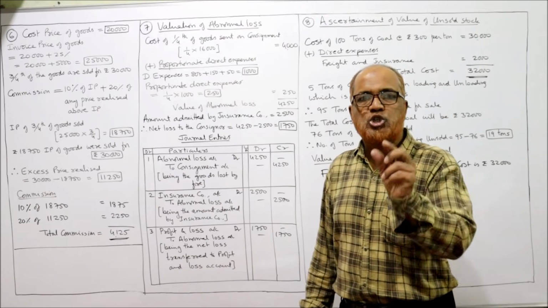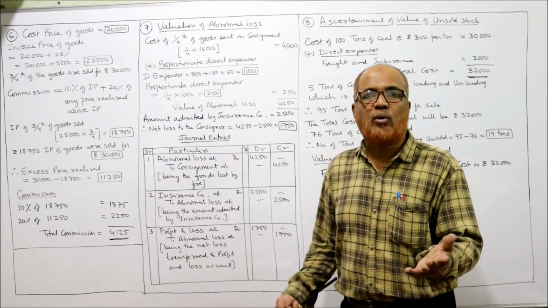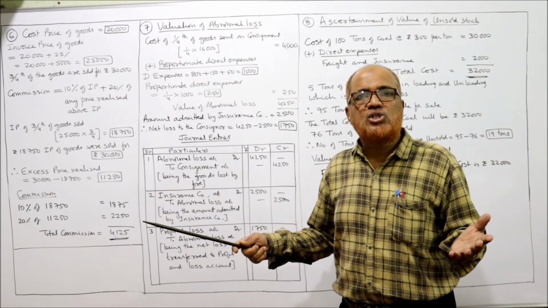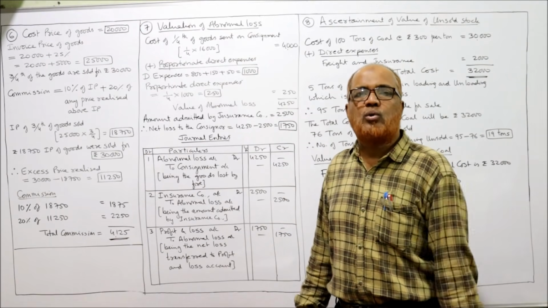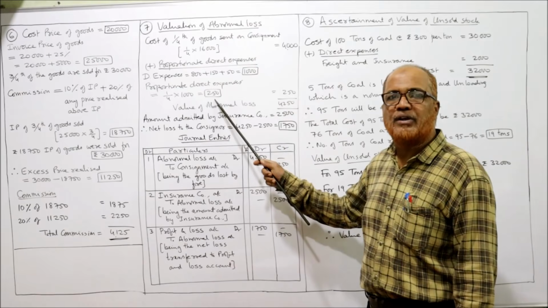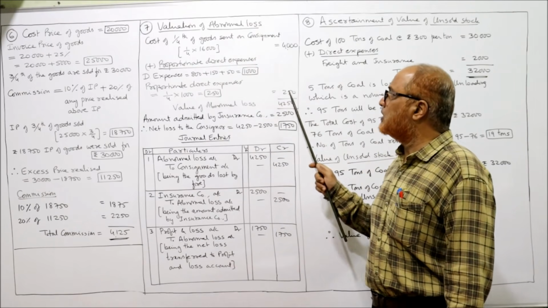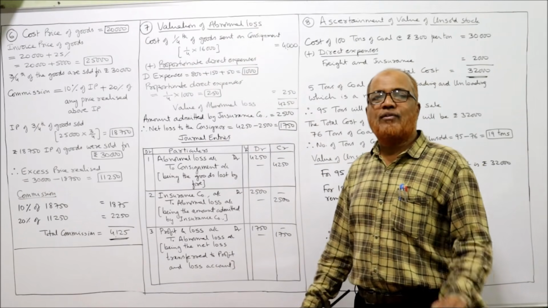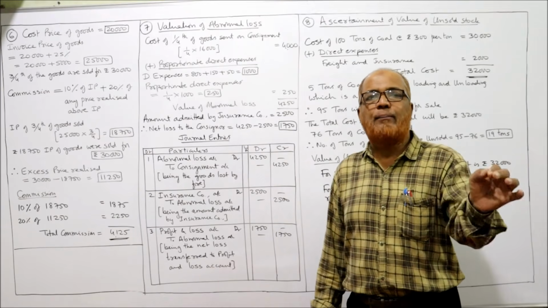But we want proportionate. How much proportionate? 1/4. All the goods are not destroyed. Only 1/4 of the goods are destroyed. So we'll take 1/4 of 1,000, which is 250. So add up, 4,000 plus 250, 4,250 is the value of abnormal loss.